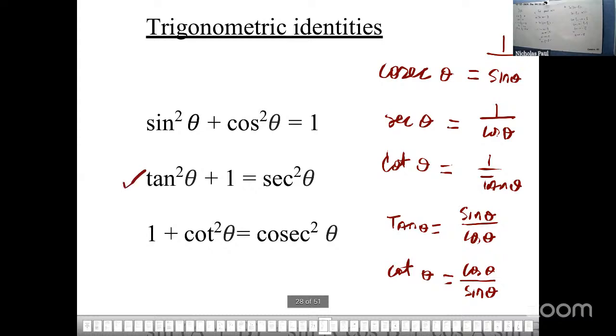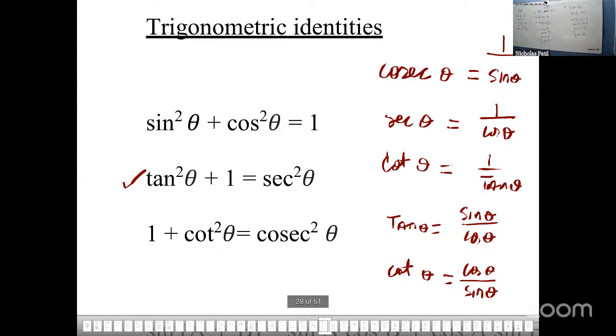How did they get it? What did they do? It came from the first one.